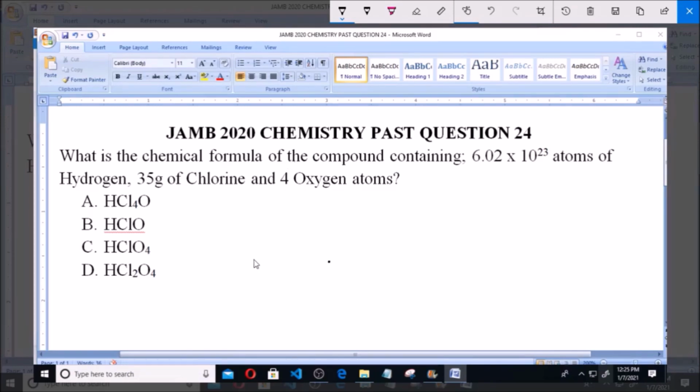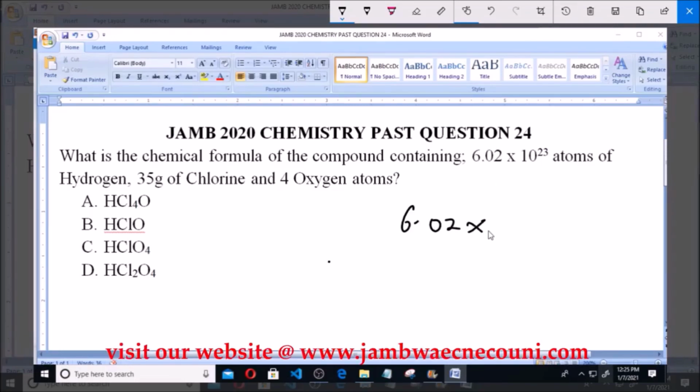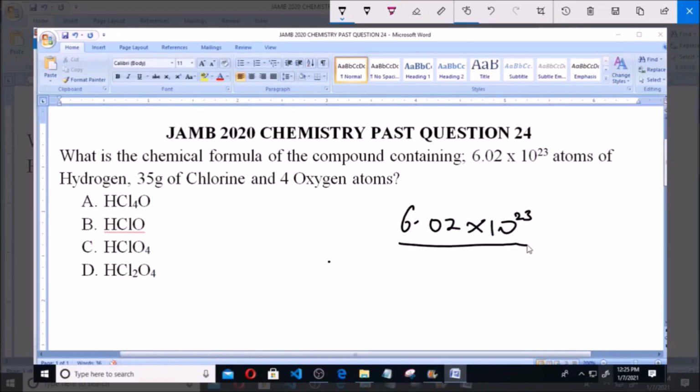Now looking at this, a compound containing 6.02 times 10 to the power of 23 atoms of hydrogen. This number is what we call Avogadro's number. So what does it simply represent? 1 mole of hydrogen atoms.